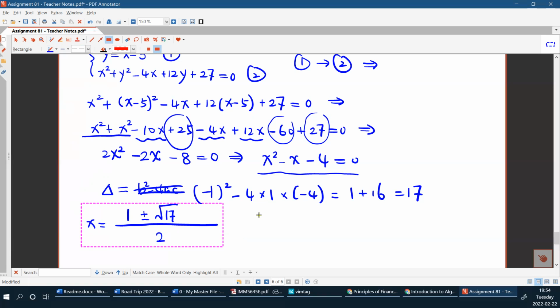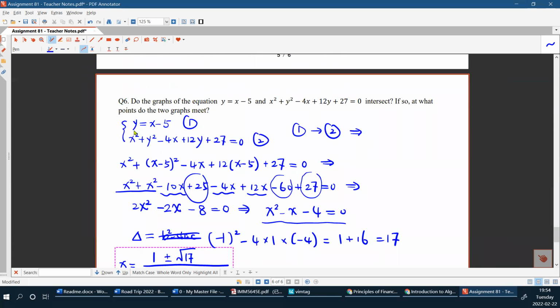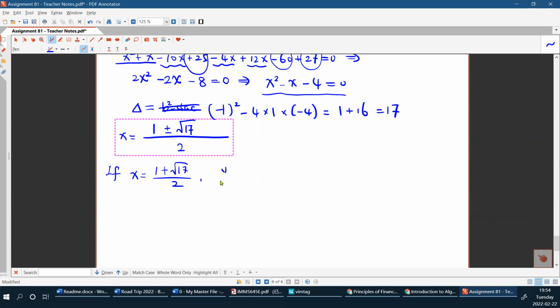Also, we need to find the y coordinate of the intersection point, right? So we need to discuss, if x is (1 plus square root of 17) over 2, then what is our y? Note here, y is always x minus 5. So you will get (1 plus square root of 17) over 2 minus 5.